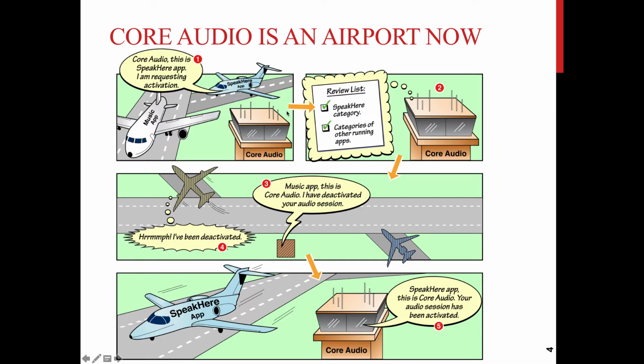So what does Core Audio do? It sends a message to this music app saying it needs to be deactivated. All right. So anything the music app wants to take care of, like pausing the audio nicely, saving the time where the audio was paused, anything else like that, that needs to be done in a callback function. All right, when the deactivation is made.